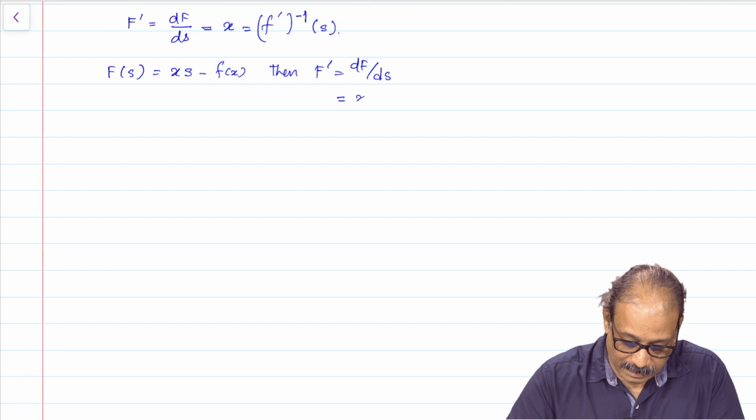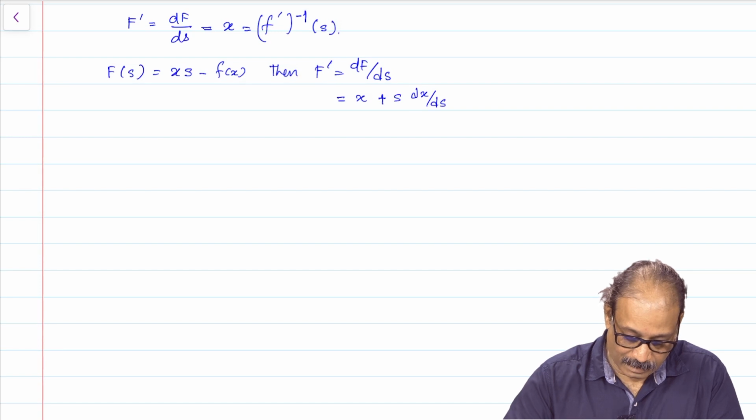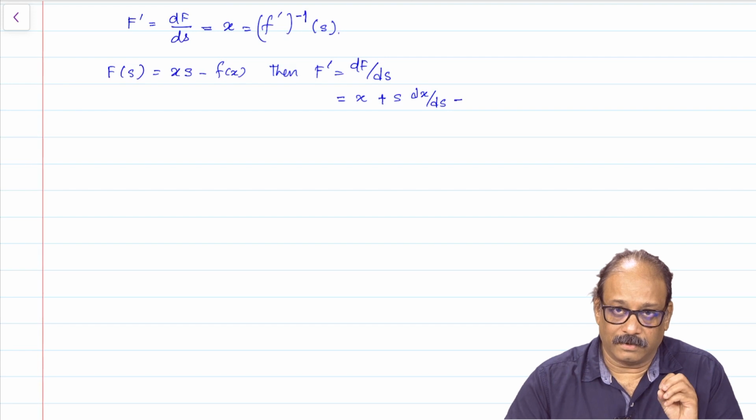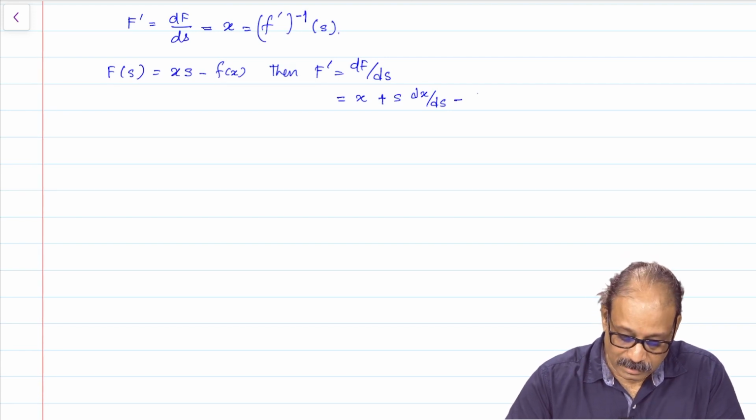So, it is x plus s times dx by ds, and minus, remember, it is a derivative of f with respect to x, so I will write it as df over dx times dx over ds.